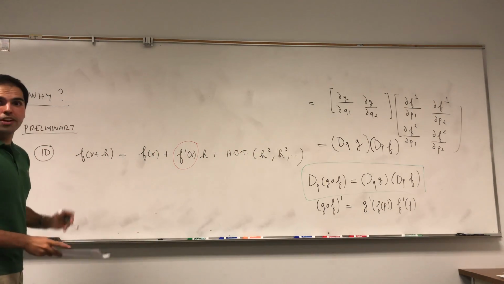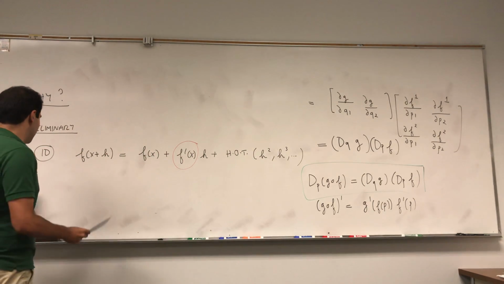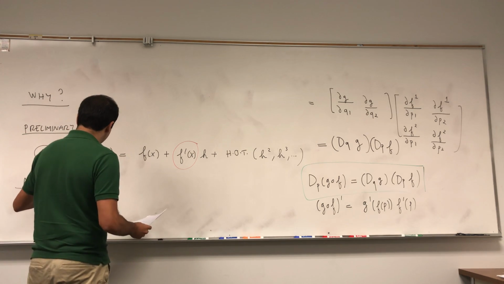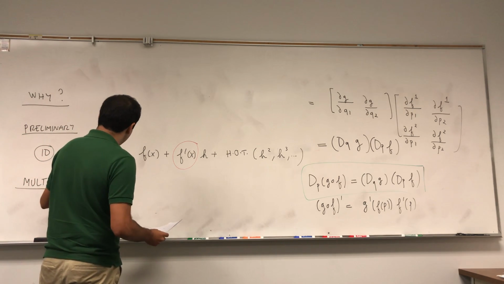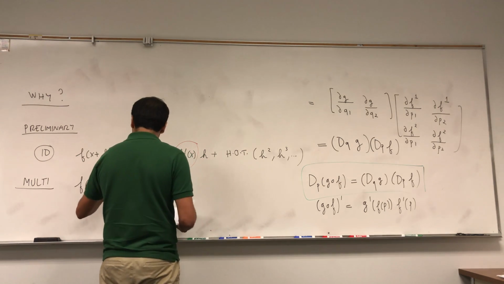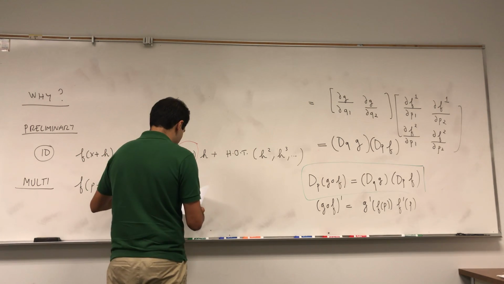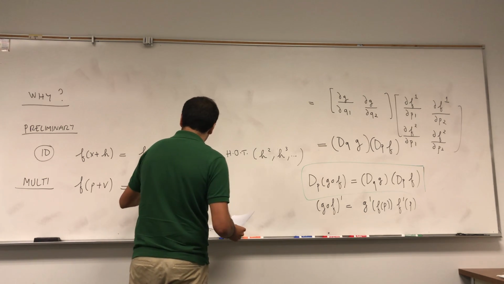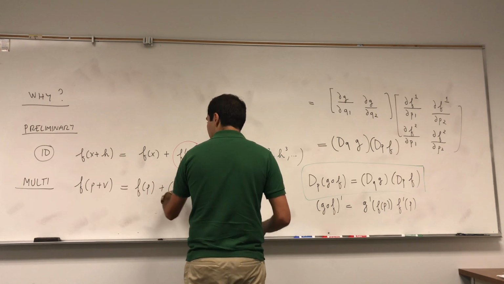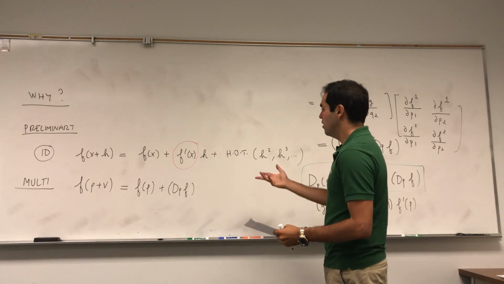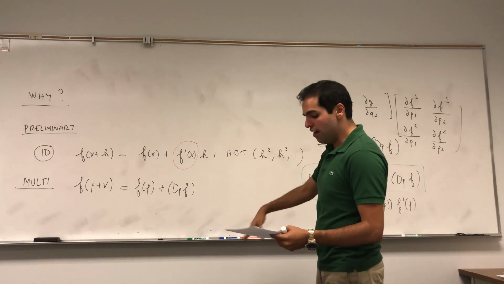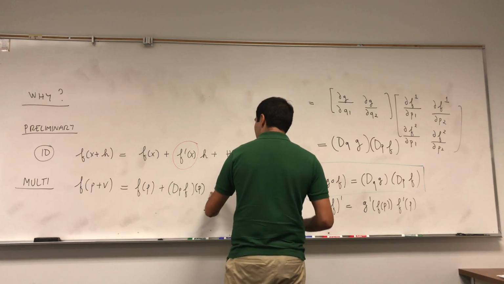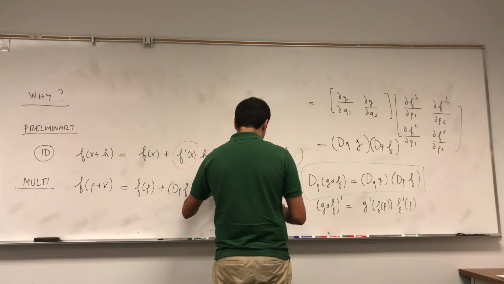In multivariable calculus, it turns out you have the same expansion. Namely, if you start with a vector p and add a little vector v, you still have f of p plus the derivative of f at p times v.